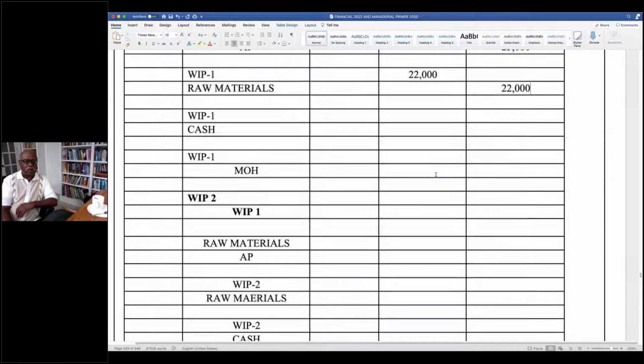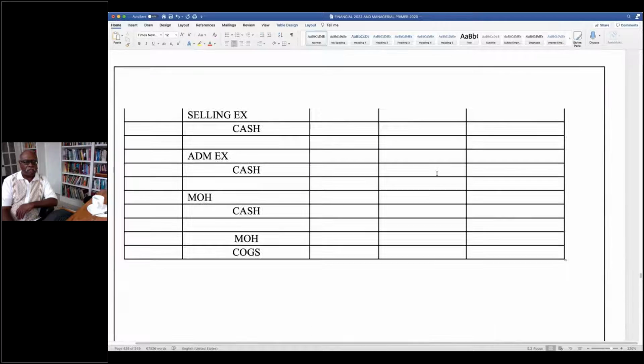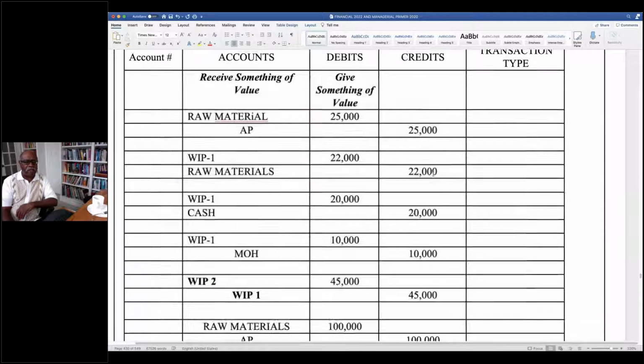So let's go down and put in our T accounts. Do we have T accounts down here anywhere?